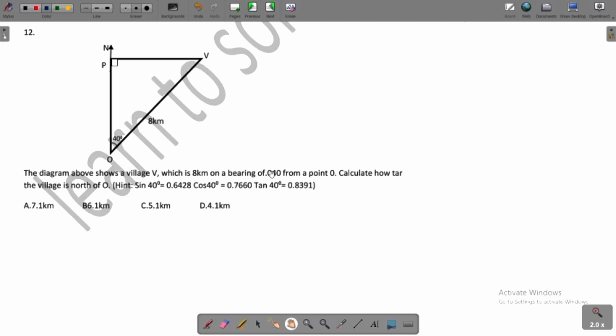To solve this question, we are actually solving a triangle. Since we have a diagram, those values are not actually needed.